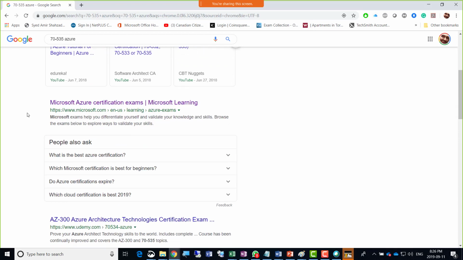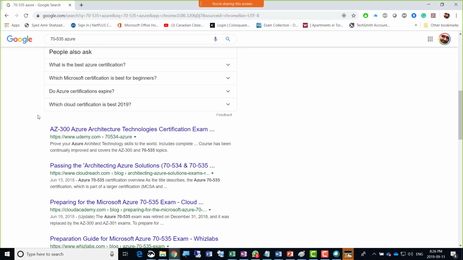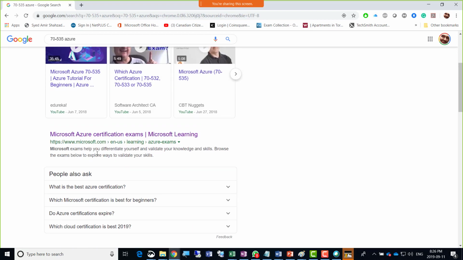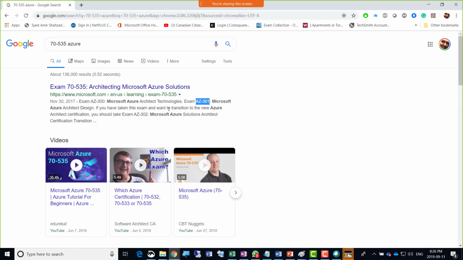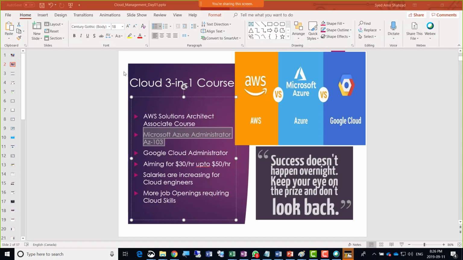Now the 530 series, 533, 531, 535, there were 5 exams. They have changed those 5 exams to AZ 300, 301, 302. So we're targeting 302, which is, you would get most tickets from 302 exam, which is Azure Administrator exam, right?